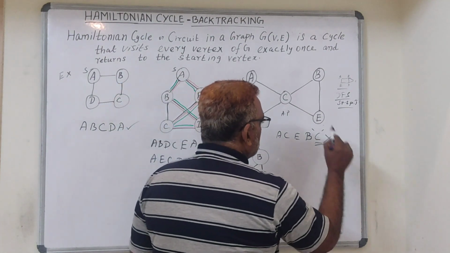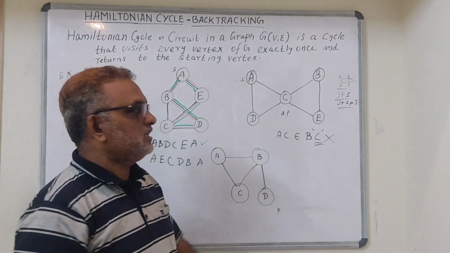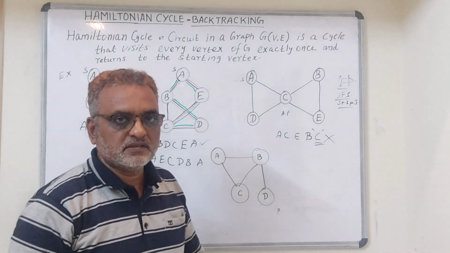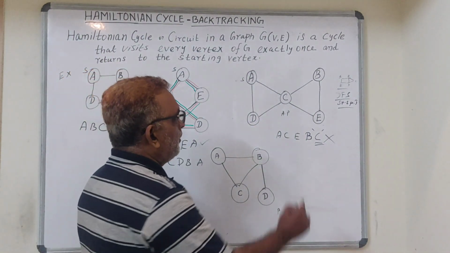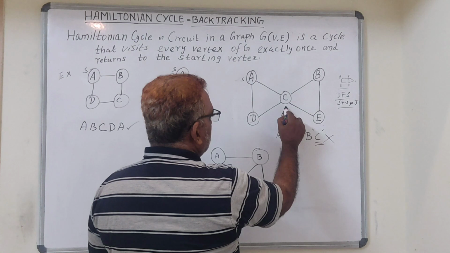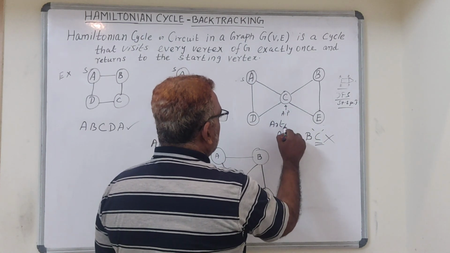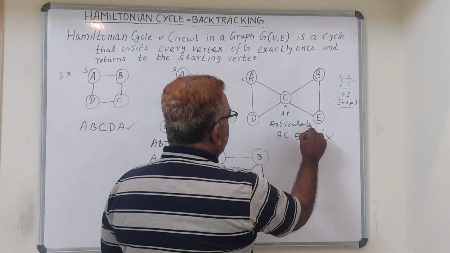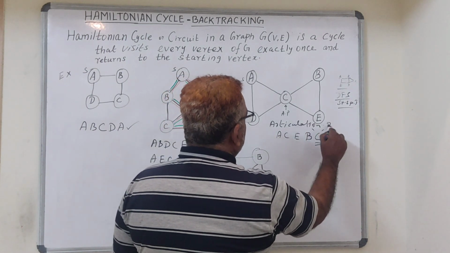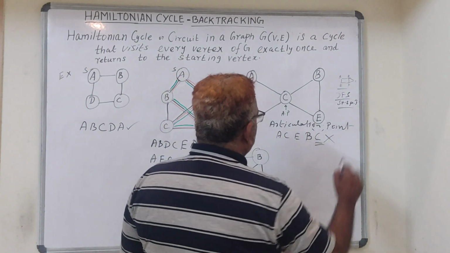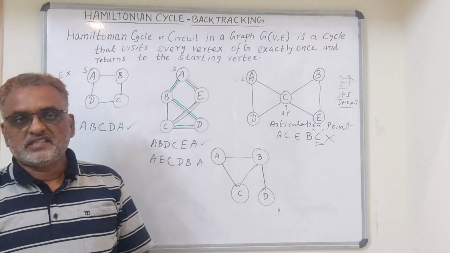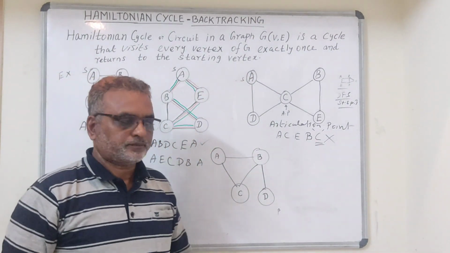So the Hamiltonian cycle is not possible in this graph. The vertex C is called an articulation point. So a graph with an articulation point is one in which a Hamiltonian cycle is not possible.